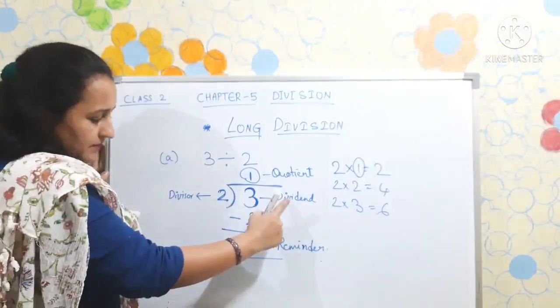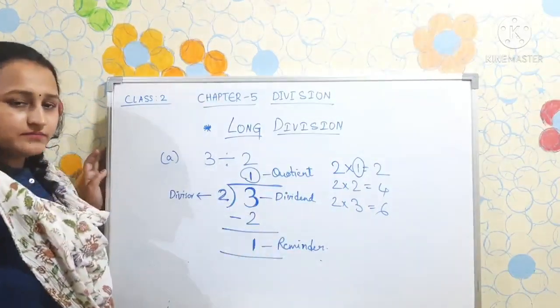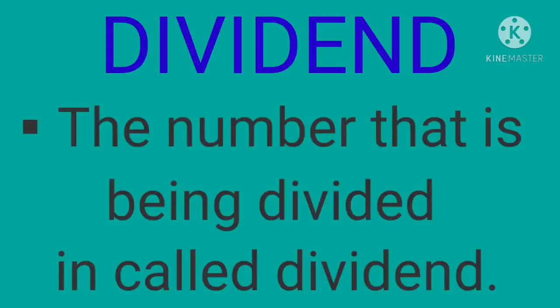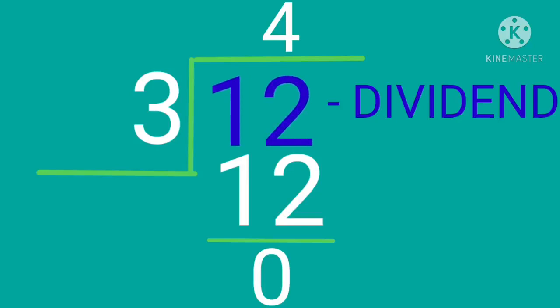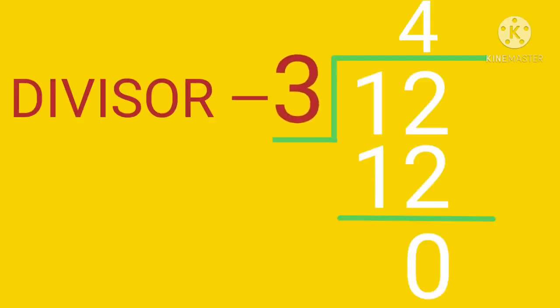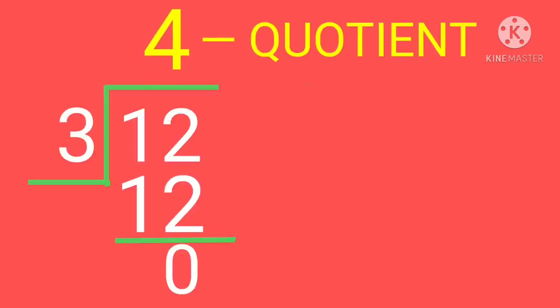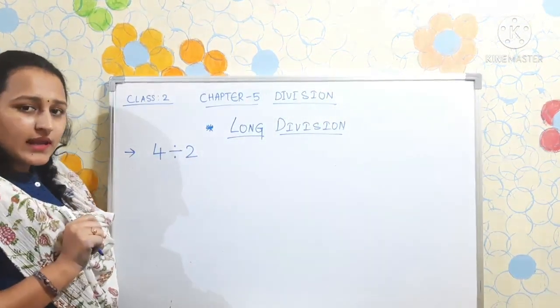So the dividend is 3, the divisor is 2, the quotient is 1, and 1 is the remainder. The number that is being divided is called the dividend. The number that divides another number is called the divisor. The answer found by dividing one number by another is called the quotient.